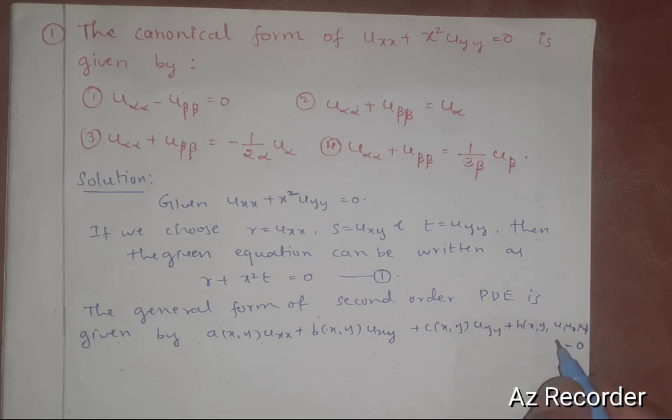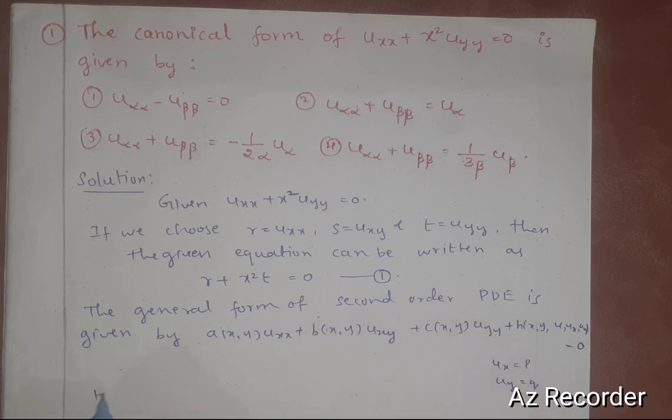Here we can denote ux equal to p, uy equal to q. This is the general form of the second order partial differential equation, where a of xy, b of xy and c of xy are continuous functions.